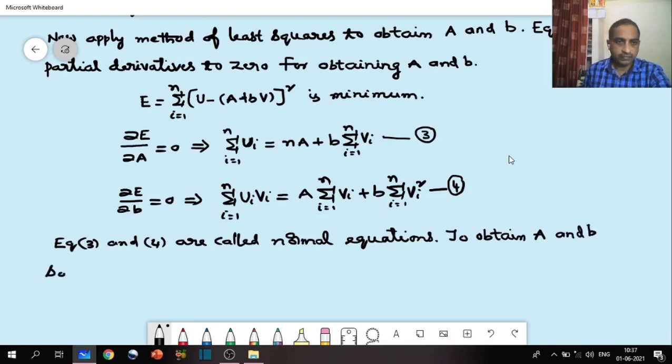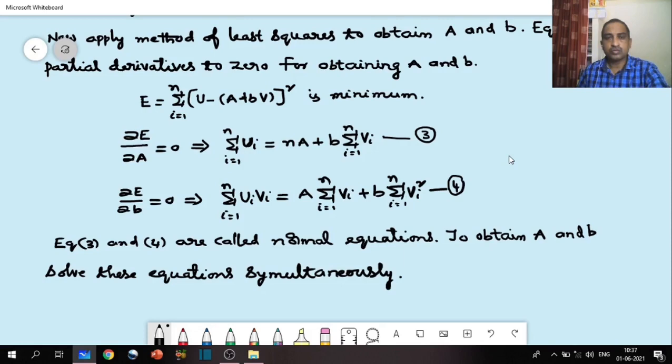Solve these equations simultaneously. Whenever you obtain this, you already know the relationship between A and small a, and the b value.